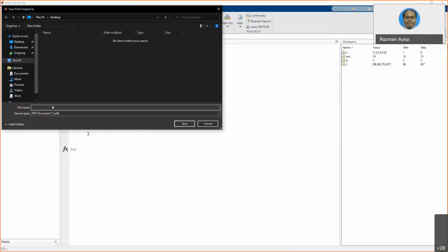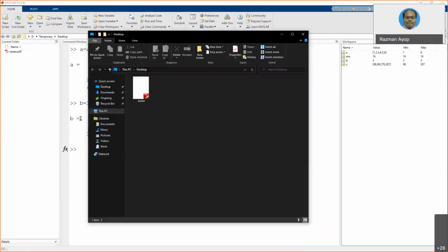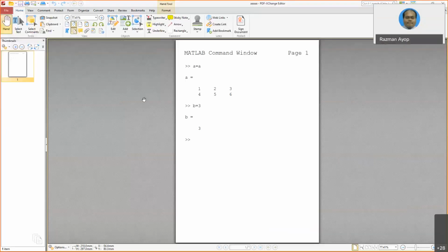Just put your name or something, and then you open it. The file will be like this. All your activity will be recorded in the command window. This one you submit in Turnitin. Can you do that?